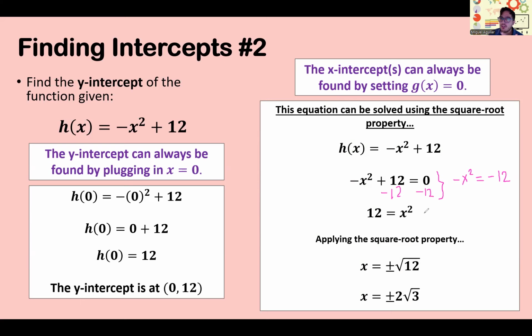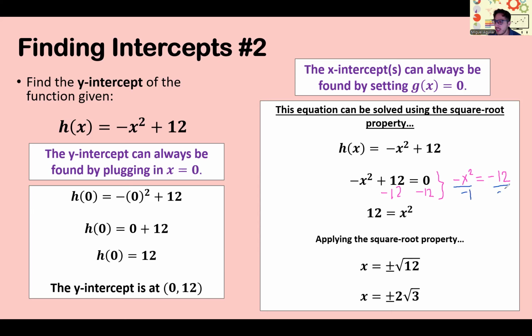But this is what I was talking about, whenever you have a negative x squared, all the negative signs start to get a little bit confusing, and students tend to forget that to cancel out a negative in front of the x squared, you can divide by -1.